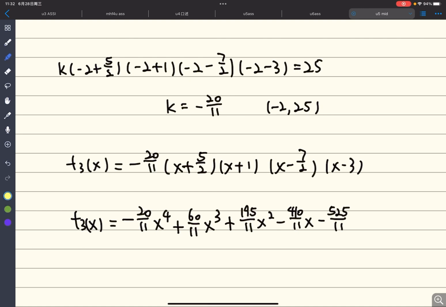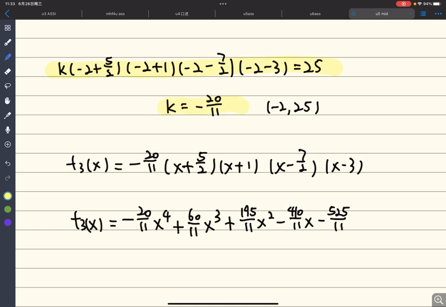We can do this by substituting the point into the general form of the quartic function and solving for k. The equation we get is this. By solving this equation, we get k equals -20/11.